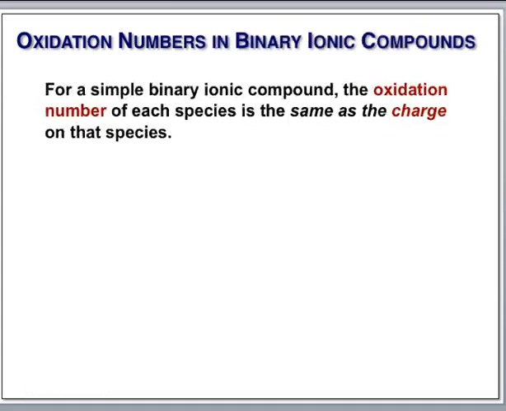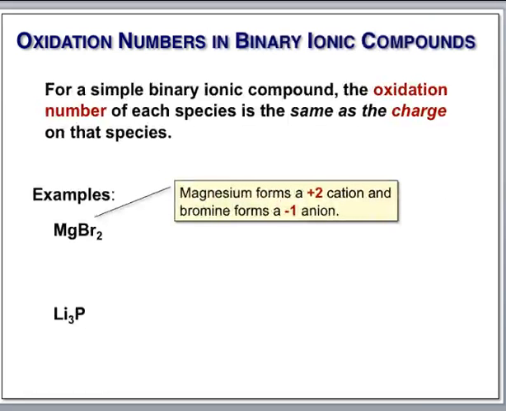We talked about simple binary ionics for magnesium bromide. What we said simply was that the oxidation number was going to be the same as the charge. So in magnesium bromide, magnesium is group 2, it's a +2 cation. Bromine is group 7, it's a -1 anion.